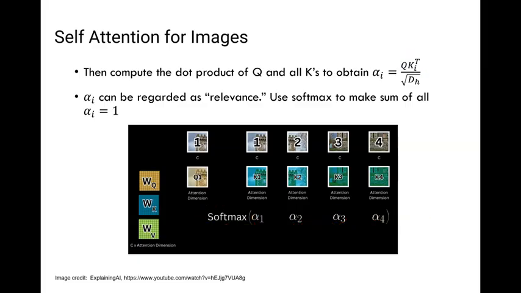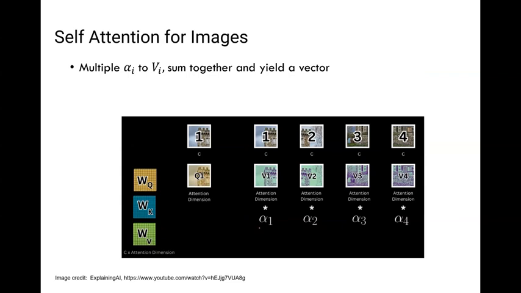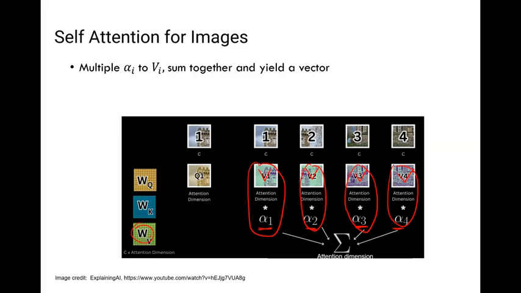Once we have that, the next step is we have this relevance, and we have the V vectors calculated with the learned matrix. So we have all these value vectors, and we can multiply them to form a weighted sum like this. This is exactly the same as the linguistic example, it's just that we are applying it on an image.